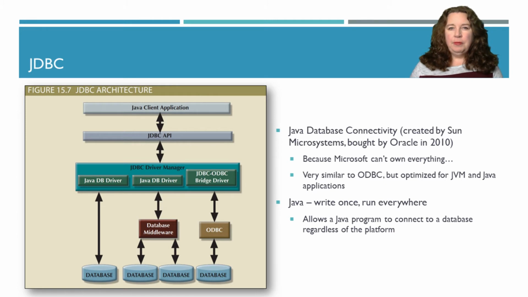You can run it on any platform that you want, which allows you to use that same connectivity across platforms as well. With ODBC, you had to design it for the computer that you were using, whether it was a Windows machine or an Apple or Linux. But with Java, you could do it with all three. So any platform that you wanted to use was fine with a JDBC connection.